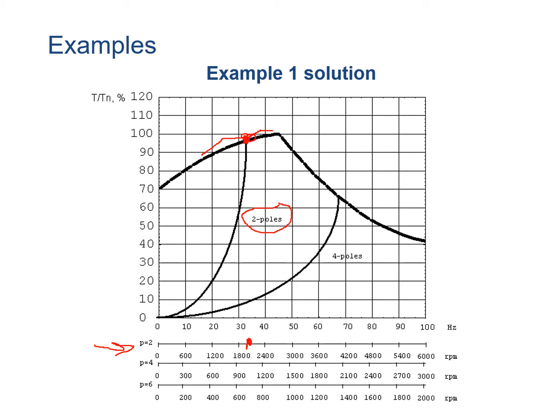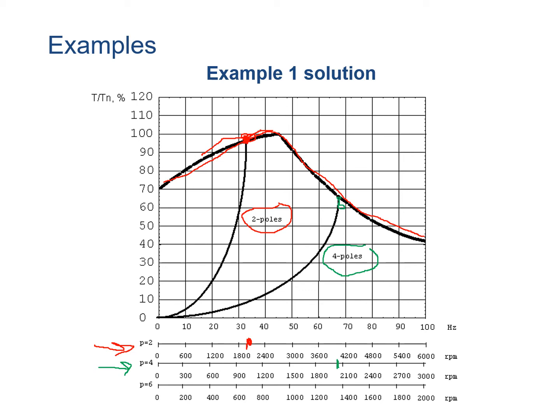Okay, so this is the system curve, like a generic system curve here. So you see it's 100% of torque here. Now, if we would like to use a 4-pole motor, so we are there, and for the 4-pole motor, 2000 RPM is here, and this is exactly where our pump is.